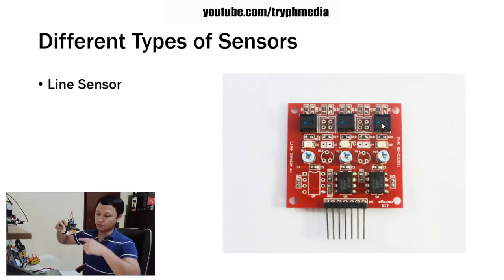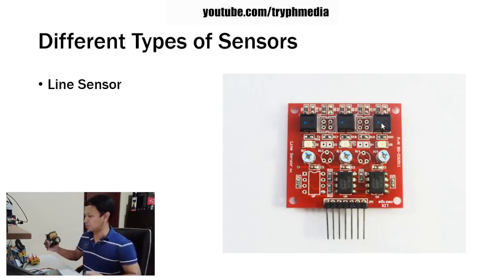When there's a black line here, it's able to detect that black line, and the two other sensors will be detecting white, so it will be able to follow that black line. If the black line goes here, you can program your robot to turn right if the black line is not at the center. So yeah, similar to using an IR sensor.